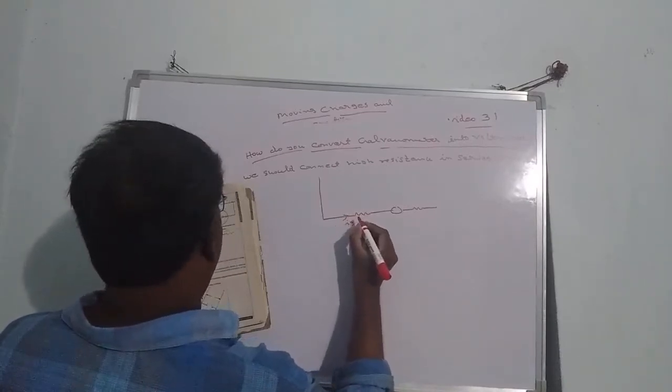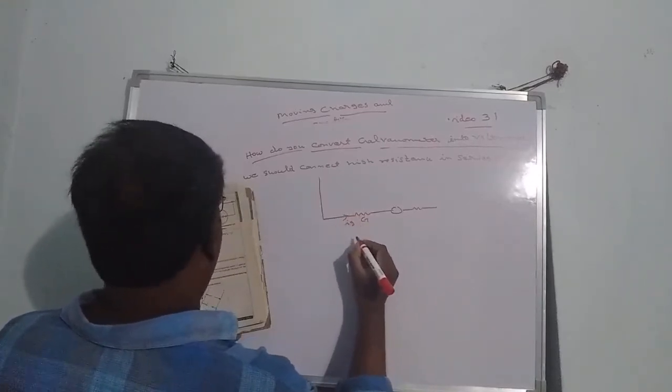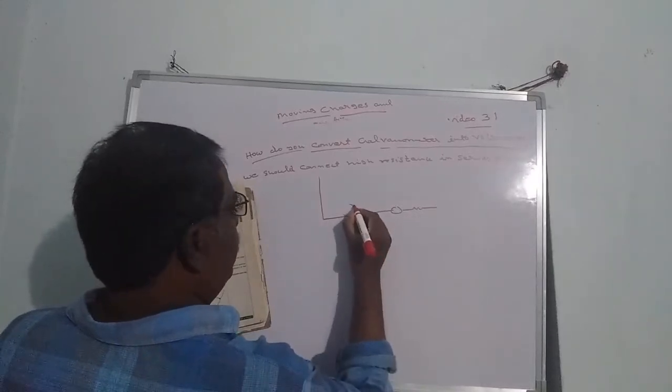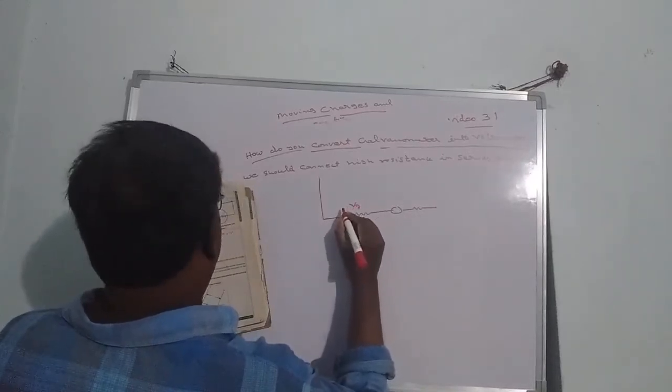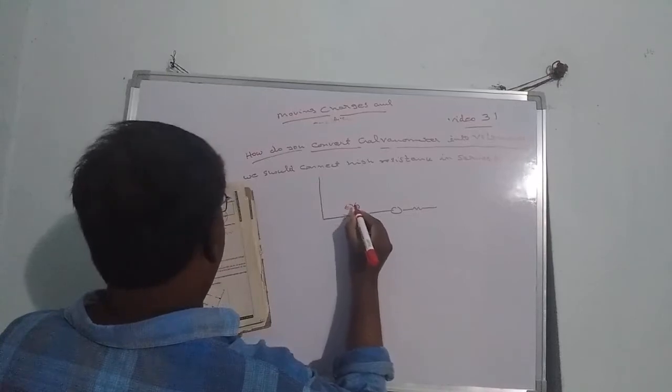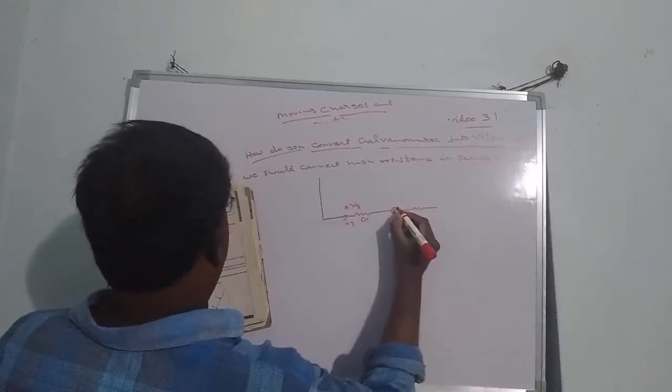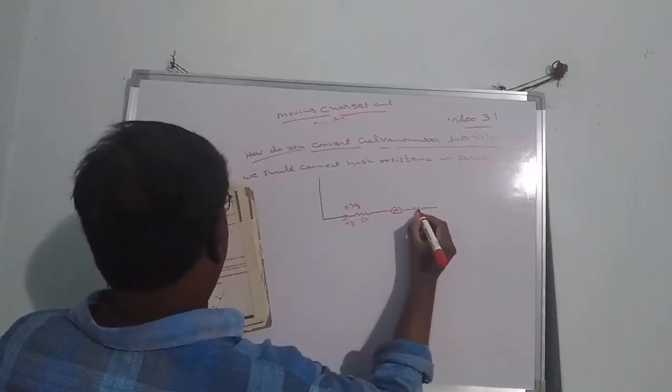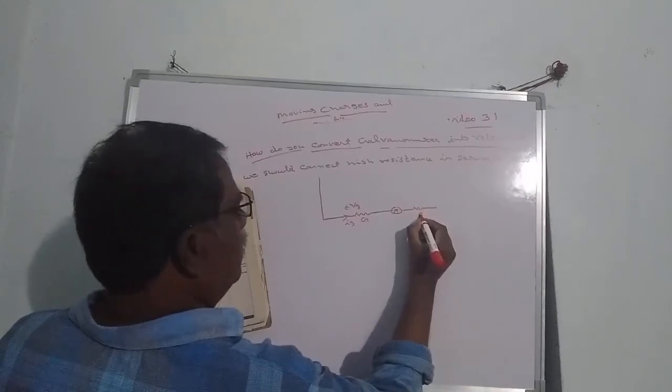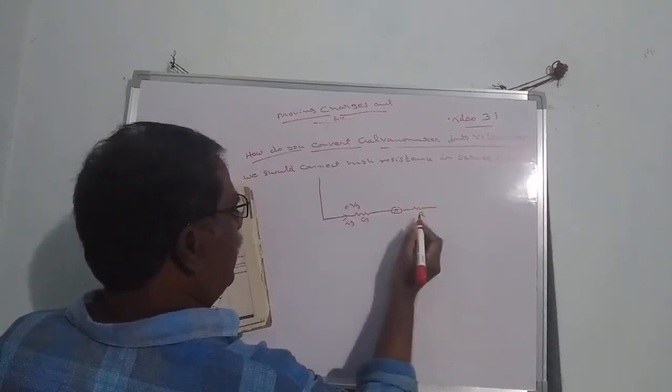I is the galvanometer current, G is the galvanometer resistance, Vg is the voltage across the galvanometer, and R is the external or high resistance.